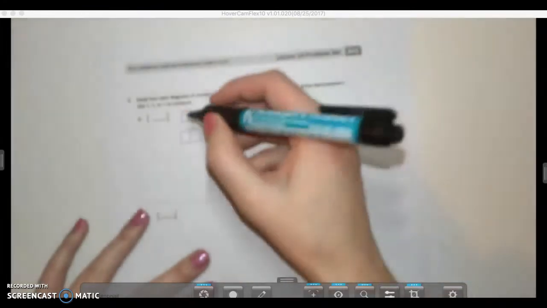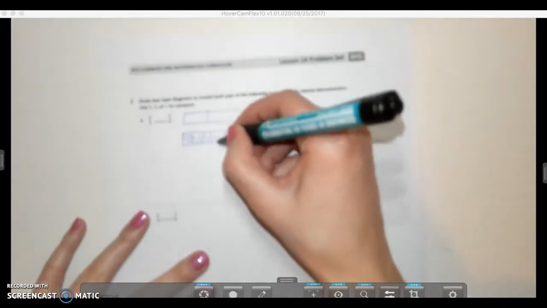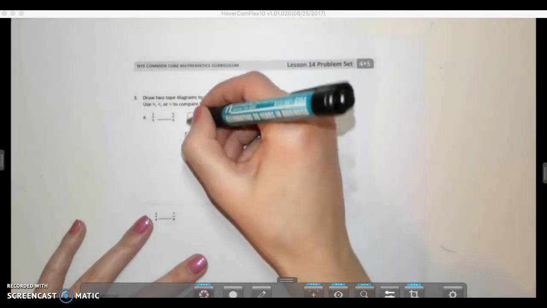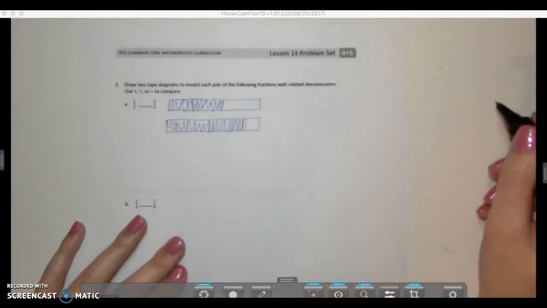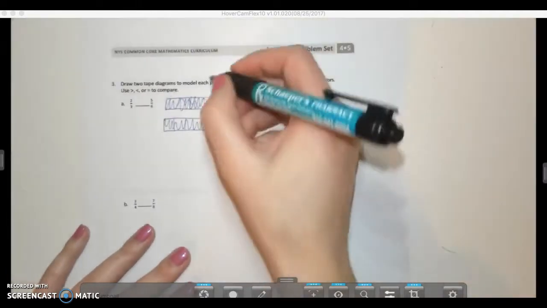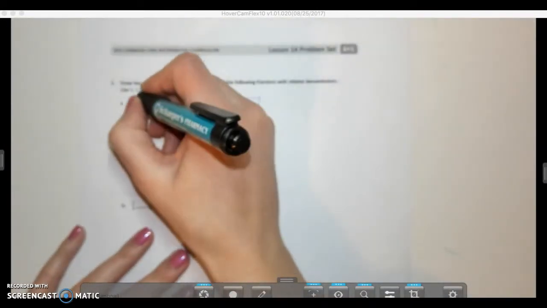Pretend those are equal. So we're coloring 5/6. Okay, so there's our 5/6 and our 2/3. And you could see that 5/6 is greater, so 2/3 is less than 5/6.